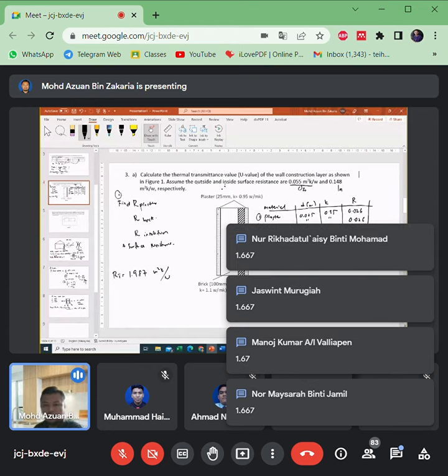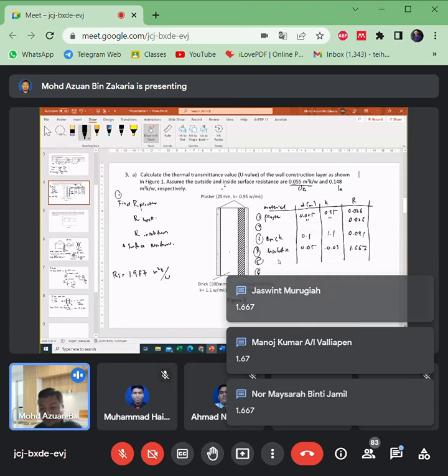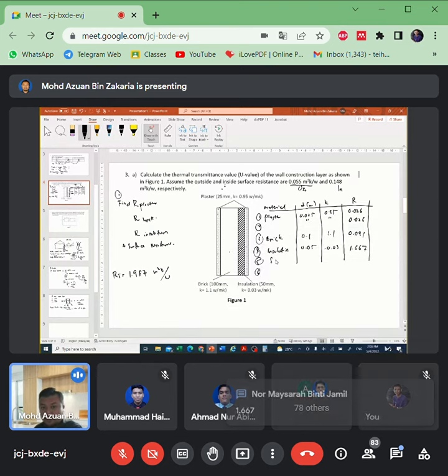Last but not least, don't forget to include the surface out resistance and the surface in resistance, which are here: 0.055 and 0.148. Are you sure this is 1.987?